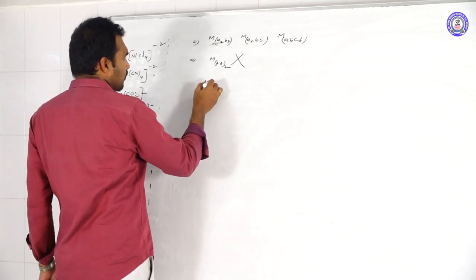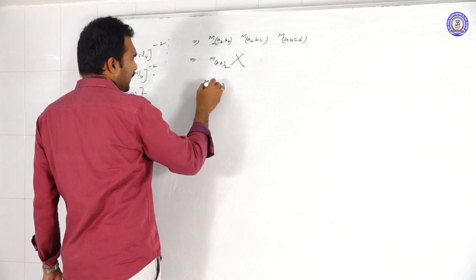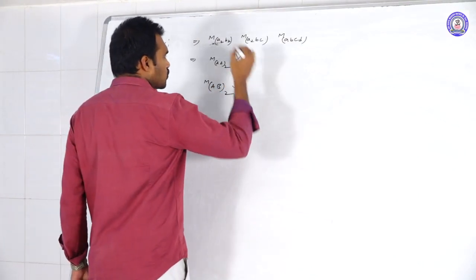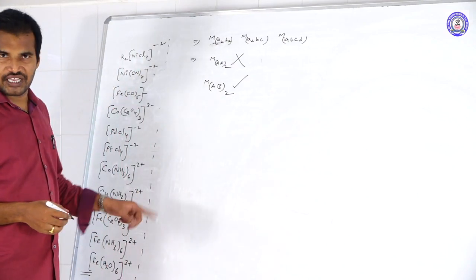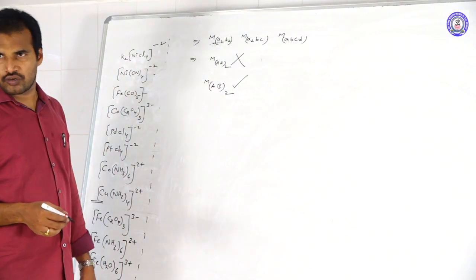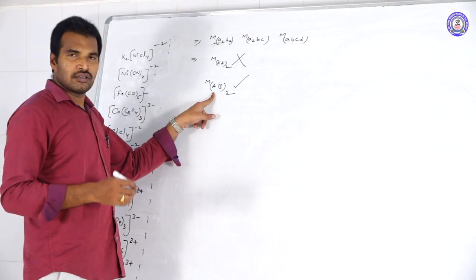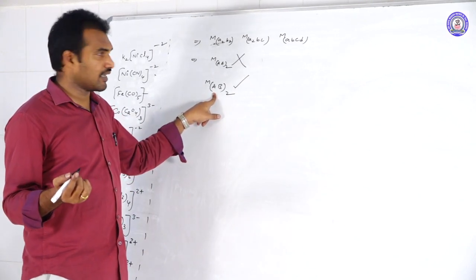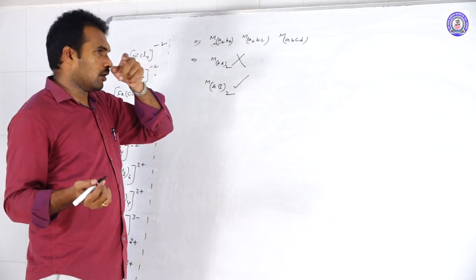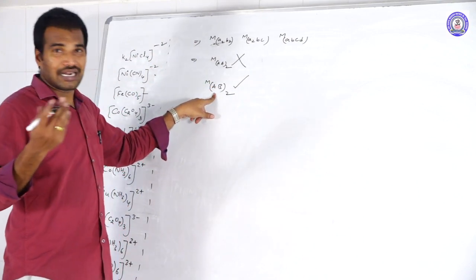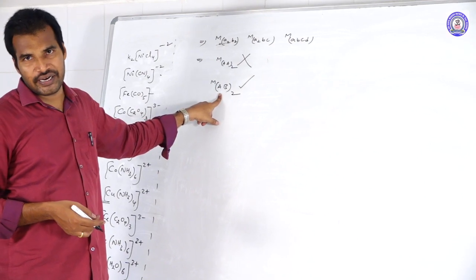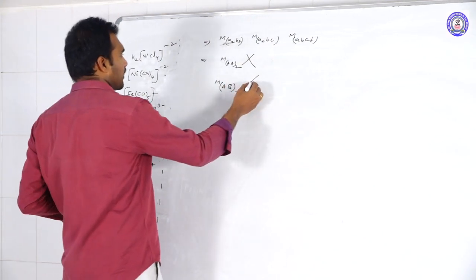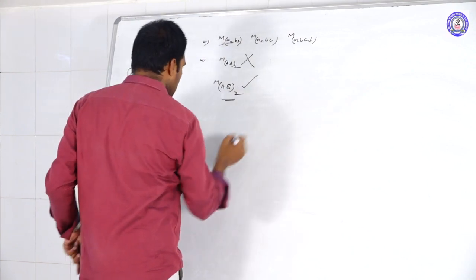And coming to unsymmetrical bidentate, M(AB) twice can show geometrical isomerism. What is an example of unsymmetrical bidentate ligands? You can take glycine. So they can show geometrical isomerism. So this is about coordination number 4.